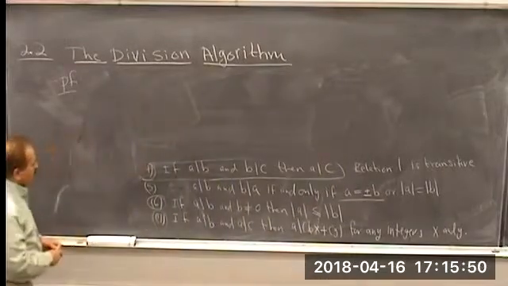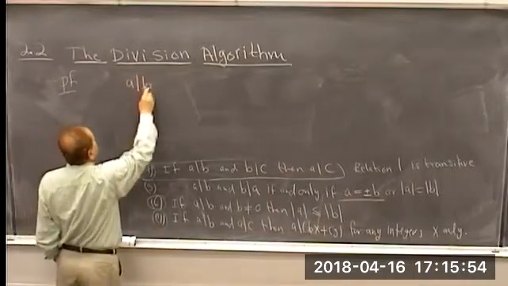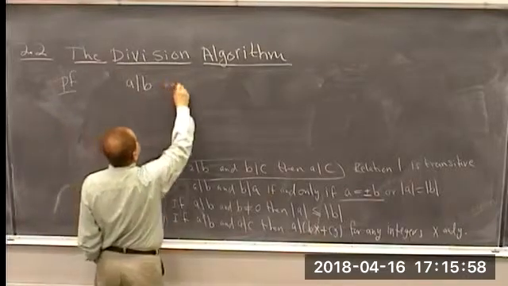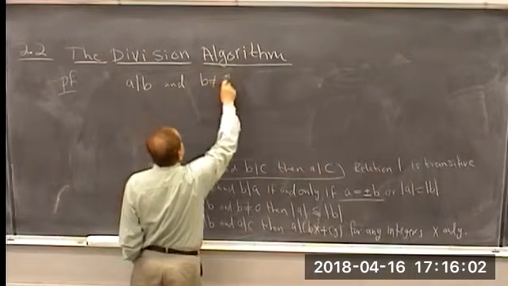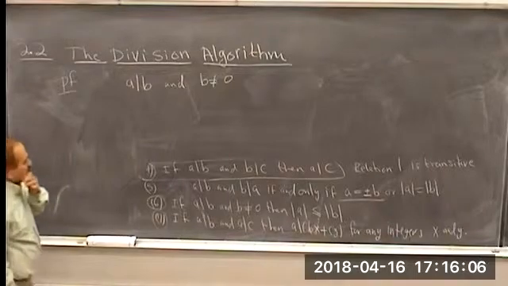So number 6, we have A divides B, and we have B does not equal 0.